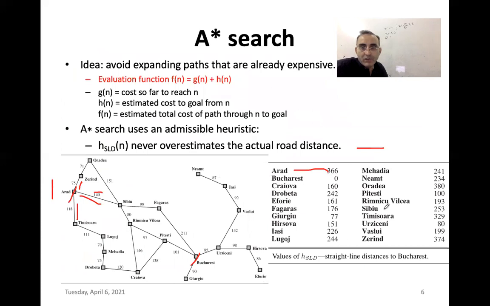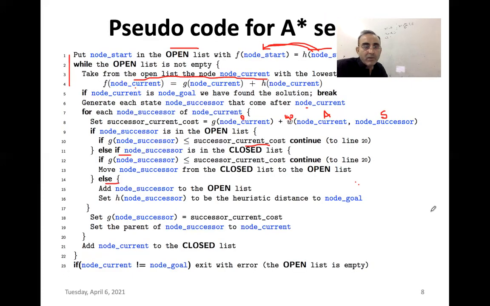Here the value of Sibiu is 253. I am writing it here at the top of Sibiu just to remember it, so that in the next moments I will not make any mistake.